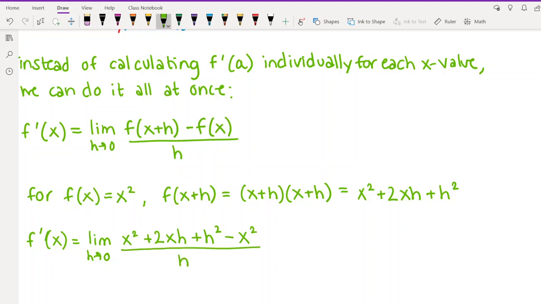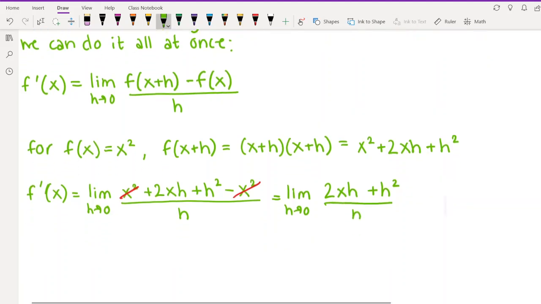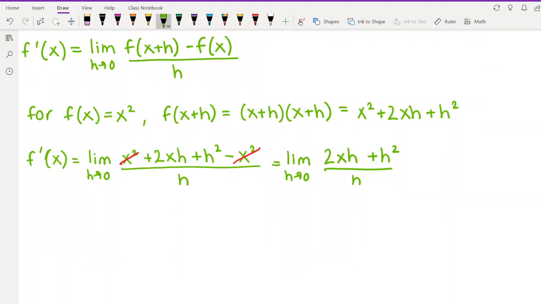And then we'll see that this will basically play out exactly like the examples we did above, except that we'll have an x left in our answer. So let's simplify the top first. So we can see that these x squareds are going to cancel out with each other. And so we're going to be left with the limit as h approaches 0 of 2xh plus h squared over h. And then just like we did on the earlier example, we're going to now factor out an h from everything.